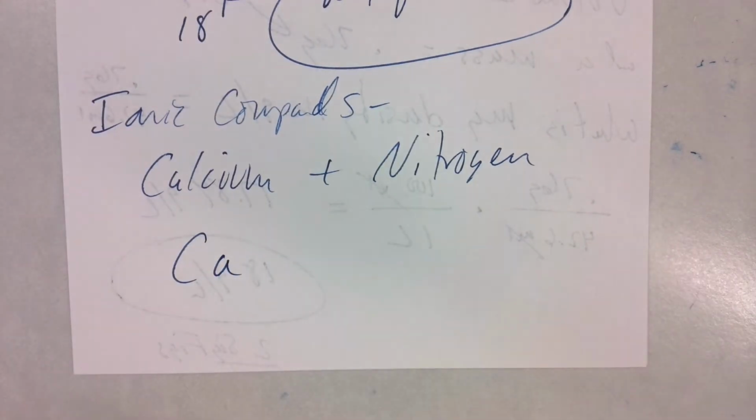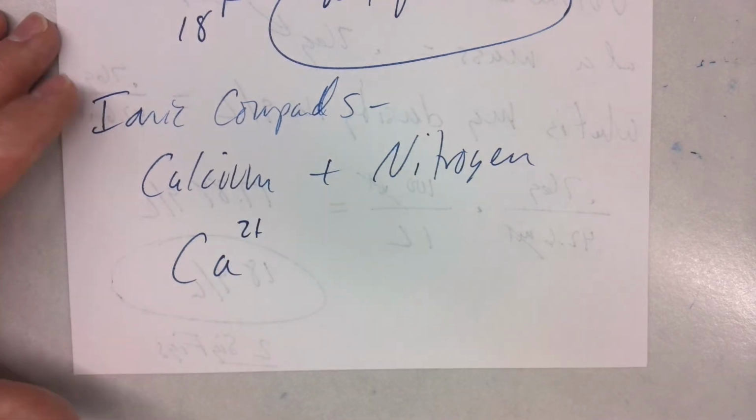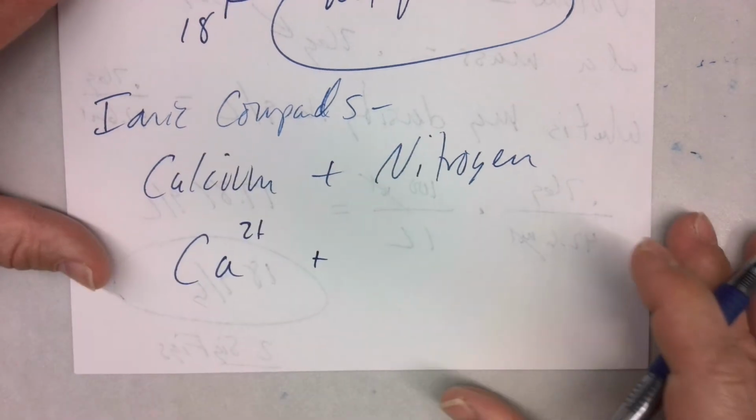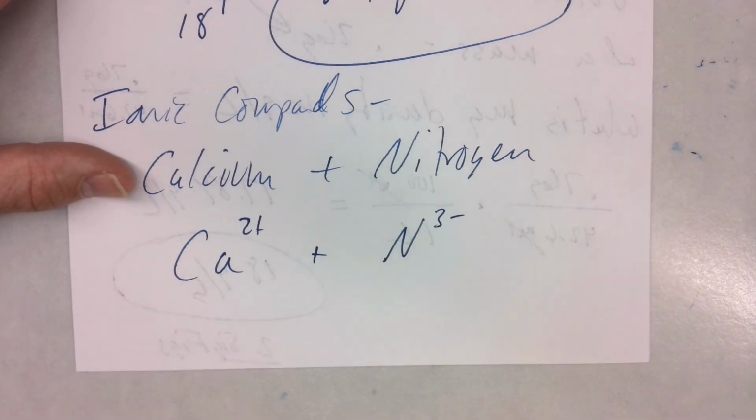Now, based on what I know about calcium, what does calcium always want to be charge-wise? Is it 2 positive? It's a 2 positive, right? You're right. It's a 2 positive, so it'll look like argon. Whoever said that, exactly right. And I'm going to add that to nitrogen. What does nitrogen want to be? 3 negative, right?